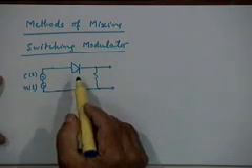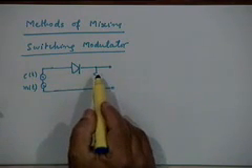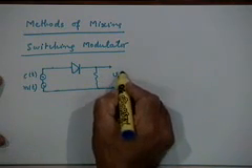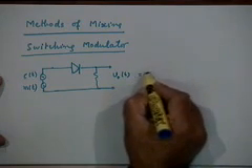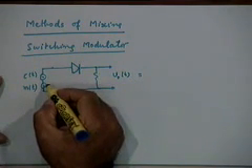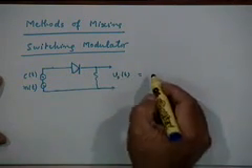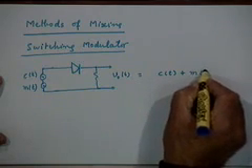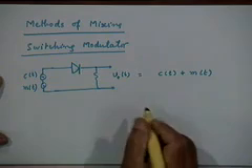In the normal mode, in the forward bias mode, it will act as a perfect short between the input and the output, and the output voltage v0(t) would be simply equal to the input voltage at that time. So when the diode is perfectly conducting, the output is simply the input, which is nothing but the sum of the two voltages that you are applying, the carrier and the message.